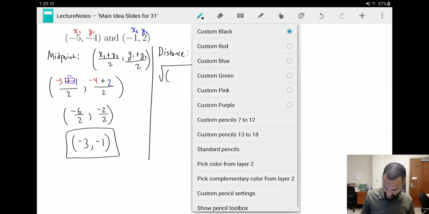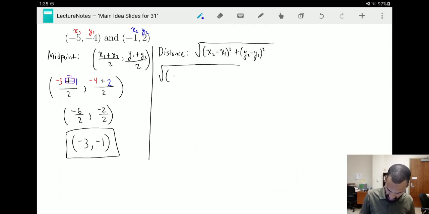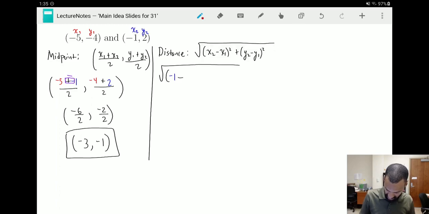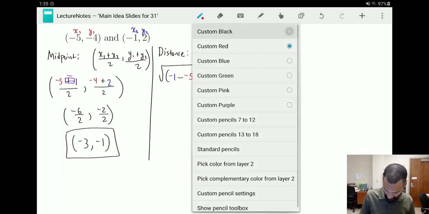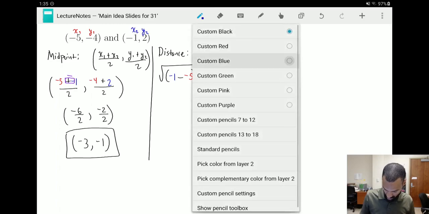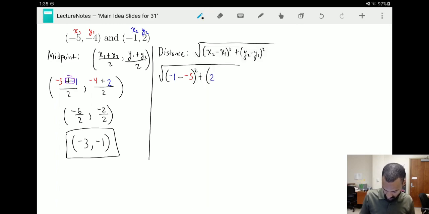So x2 is negative 1 minus x1 is negative 5. Close that, square it, plus y2 is 2 minus y1, negative 4. Close that up and square it.